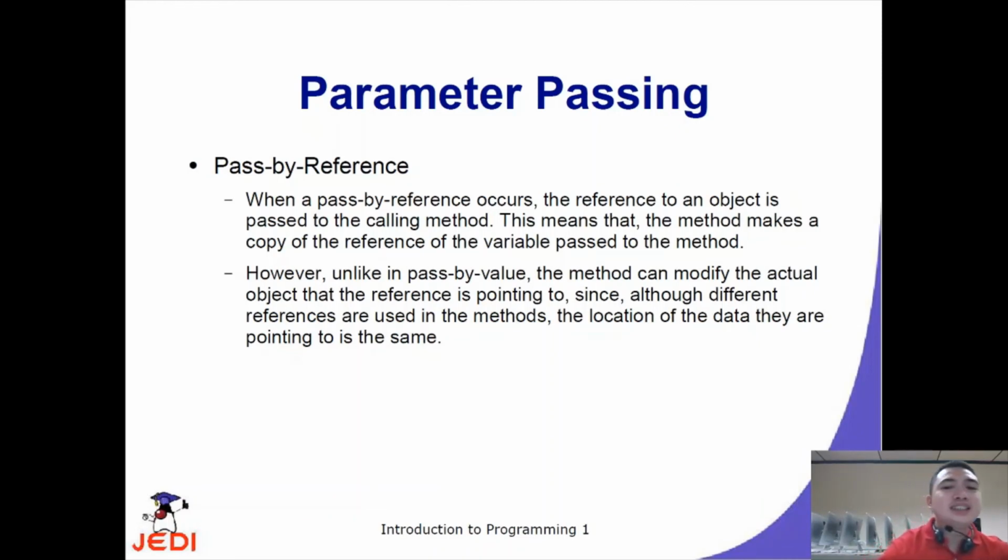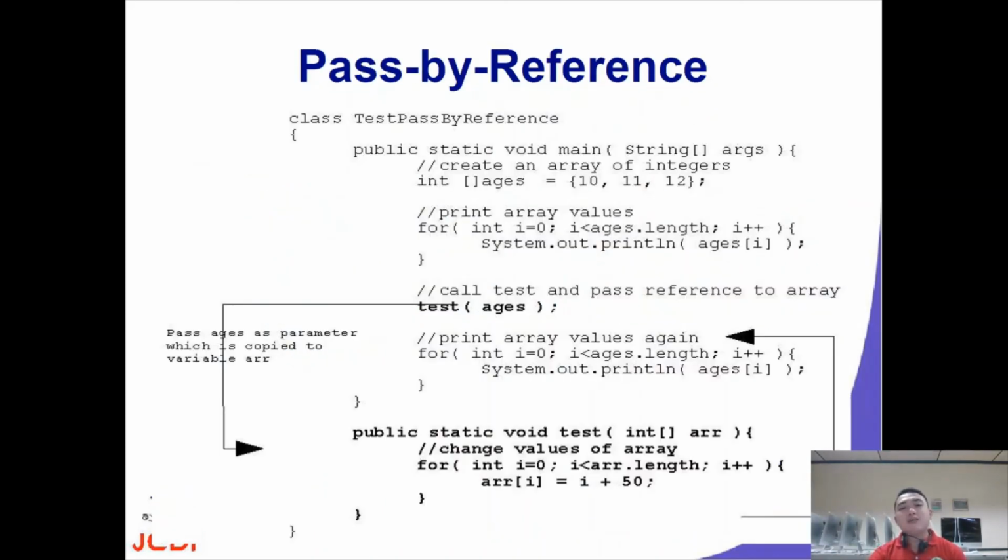This means that the method makes a copy of the reference of the variable passed to the method. So when there are changes to the reference, all references of the variable that is being passed are changed. This is illustrated in this example.